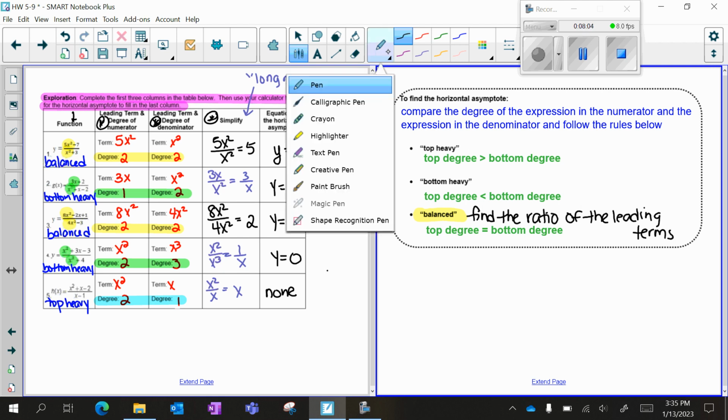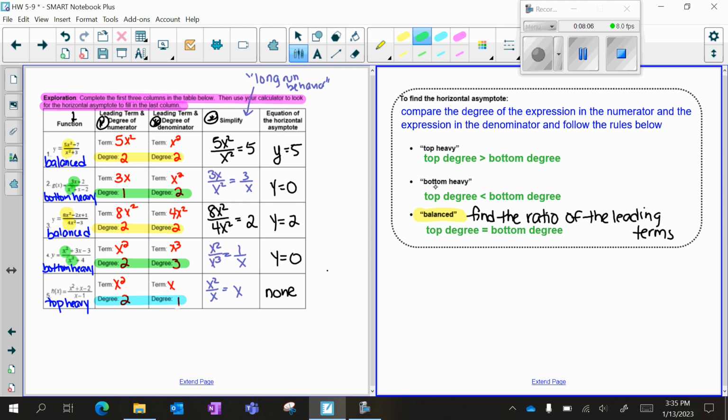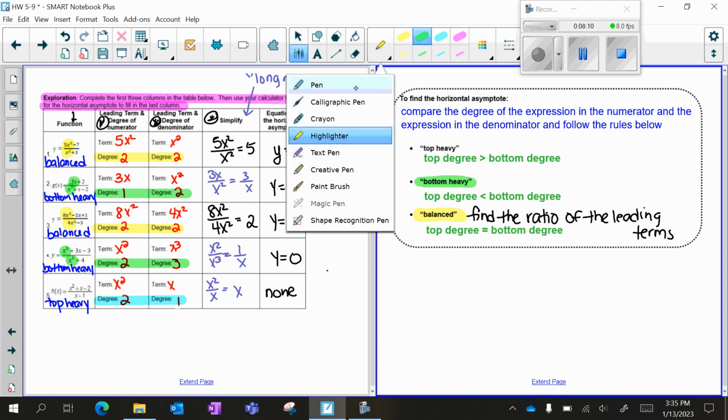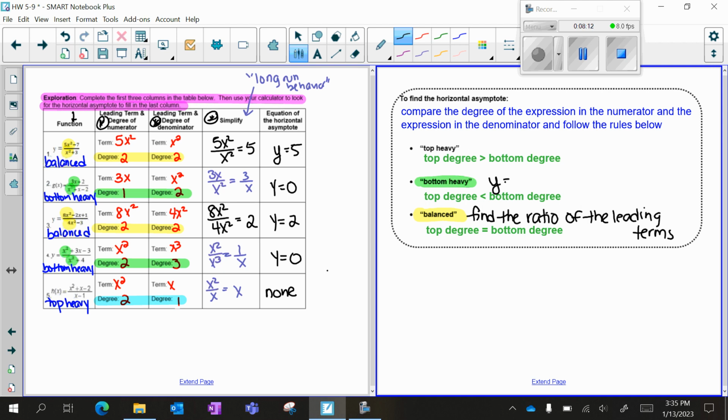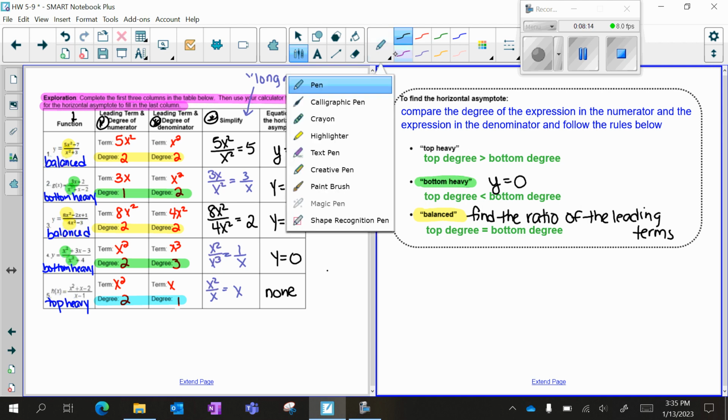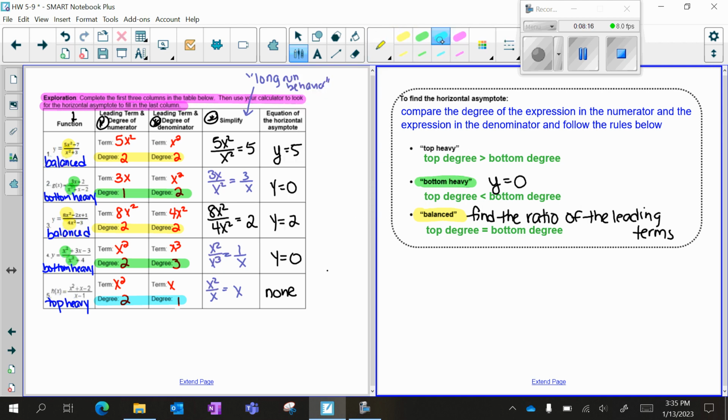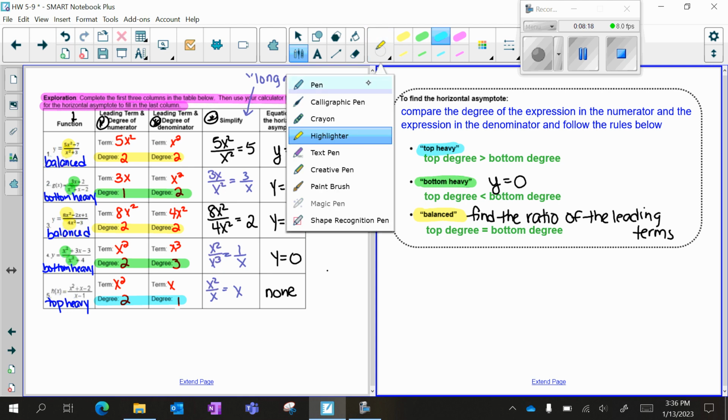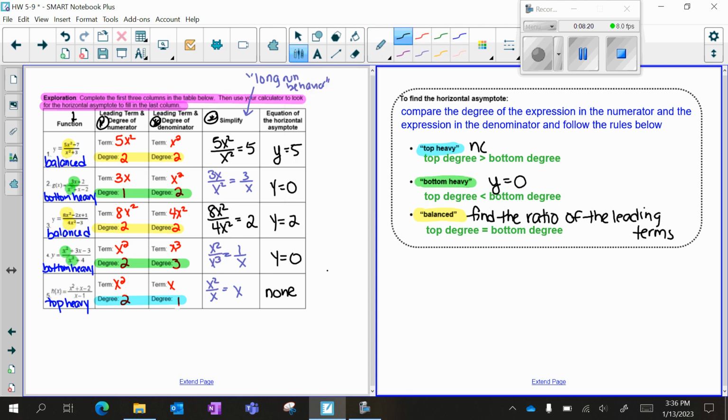When my function was bottom heavy, our equation was y equals 0. And when our function was top heavy, there was none. And we're going to talk about slant asymptotes in the future. So those are your notes on horizontal and vertical asymptotes.